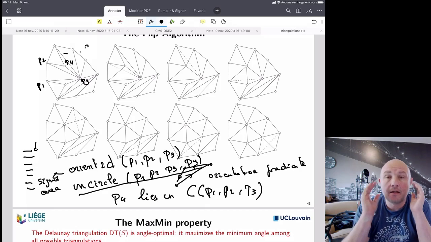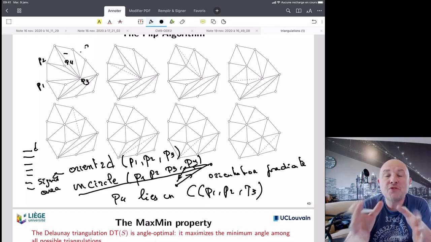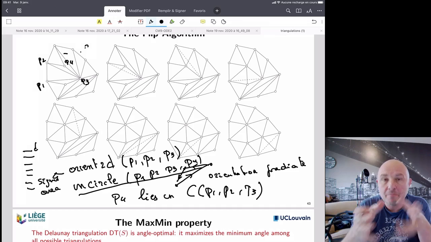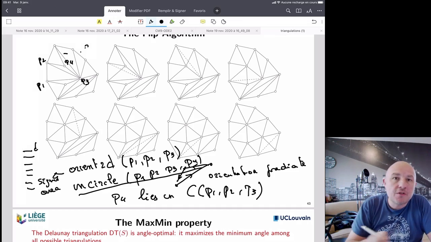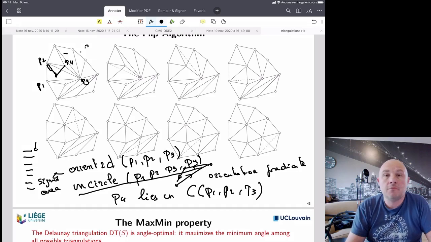There is a major robustness problem if you do that by hand. If you compute the circle, it's not complicated. You compute the circumcircle position, and you look if the distance between the circumcircle and P2 is larger or smaller than this distance. And you could answer the question like that.